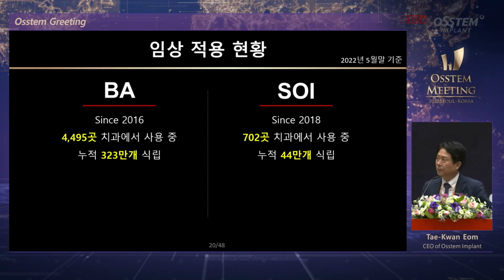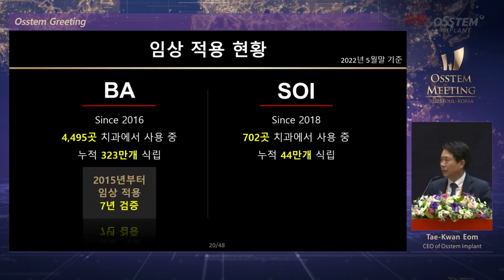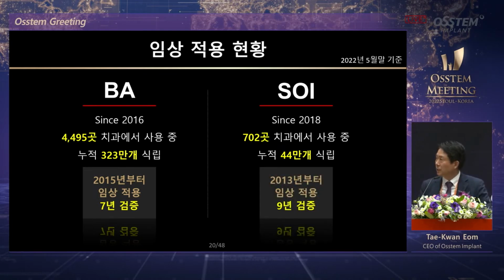PA began to be sold from 2016, and 4,500 dental clinics use them, and cumulatively 3.2 million have been placed. So it has been verified over the last 7 years. So it is very safe as it is verified.